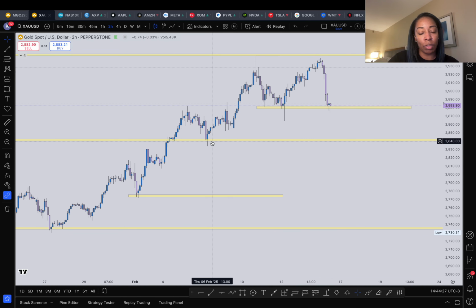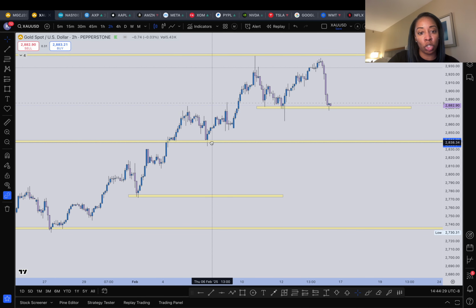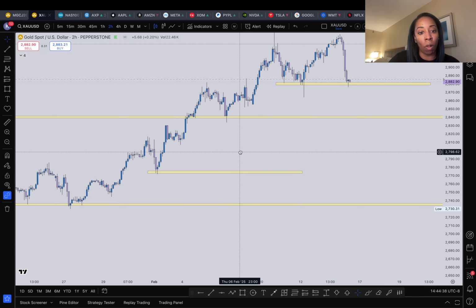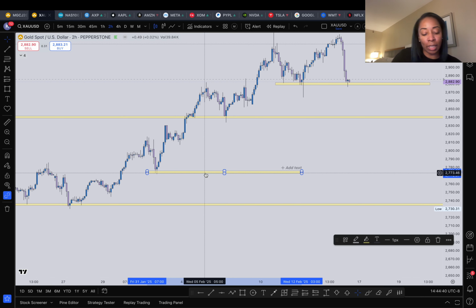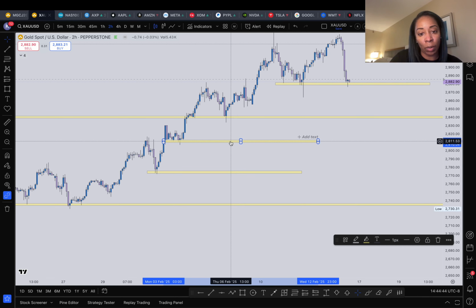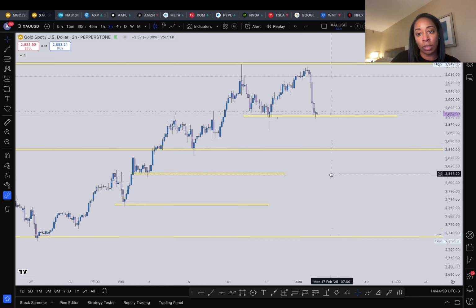And this level right here, I want to drag it down just a little bit so the top of this box is touching the support. This is sitting at 28.40, so it really didn't move at all. Now that I'm looking at this, I want to add another level right about here at 28.10. Okay, so this is looking cool.